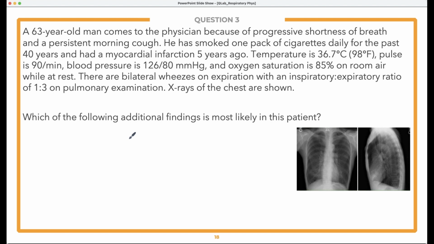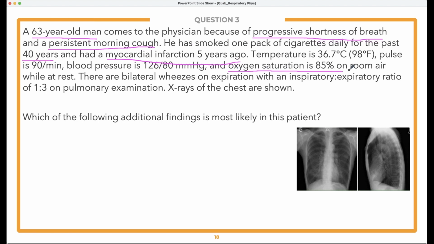All right, so start off, 63-year-old man. Okay, it's an older gentleman, not super old, but older. And progressive shortness of breath and morning cough. Okay, he's smoked for 40 years. And he had an MI 5 years ago. Okay, may or may not be important there. Other key important point, his oxygen saturation is 85% on room air.